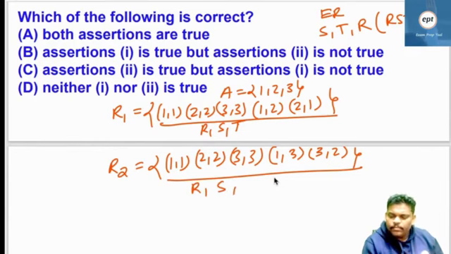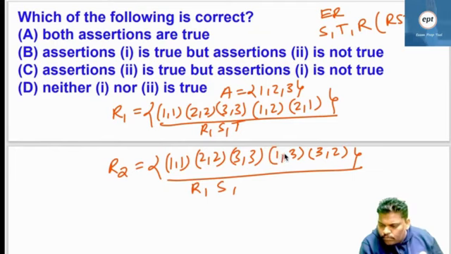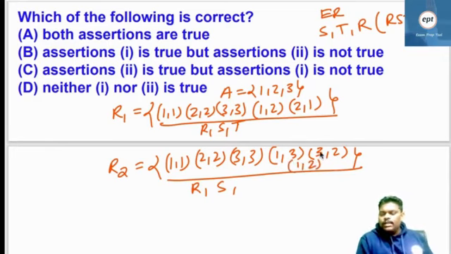Is it symmetric? 1, 3, 3, 2. 3, 3 cancel. 1, 2. 3, 2. Yeah, it's perfect. 1, 2. Right.